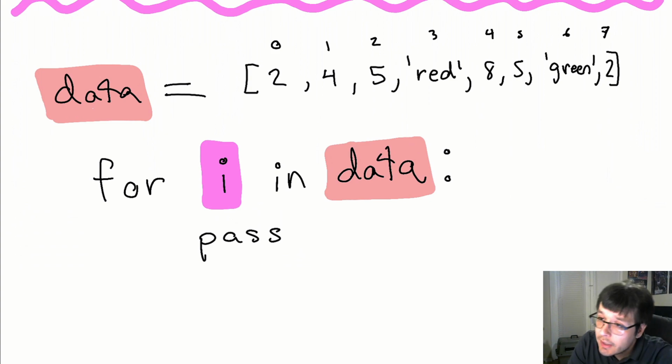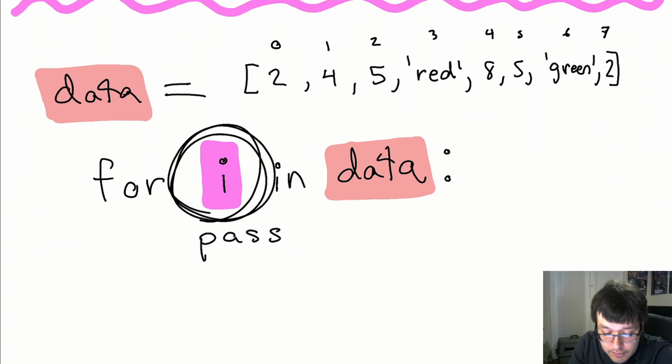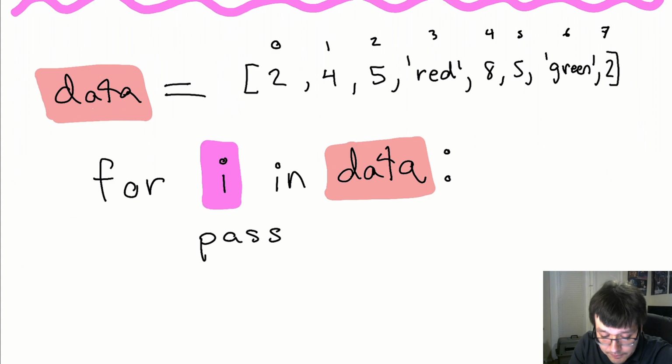The i over here, which I picked because it sounds like the word I from item, is what it's going to use: every time this iterates, it's going to take one element of the list in order from beginning to end, and copy it into this i variable.